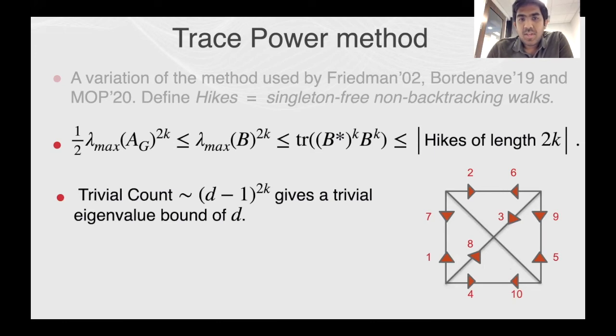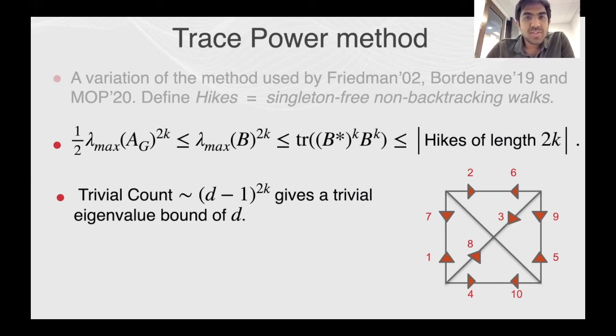Now, if your graph is d-regular, then there's a trivial way to count it, which is (d-1)^{2k}, because at each step, you have d minus 1 options. So except for the first step, for every other step, you cannot backtrack, so you have d minus 1 potential neighbors. So you get this count, and once you plug this in here, you notice that you get an eigenvalue bound of order d, right?